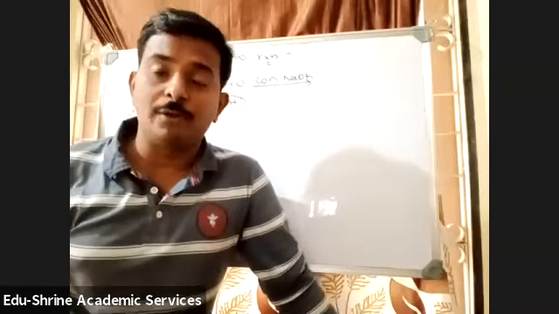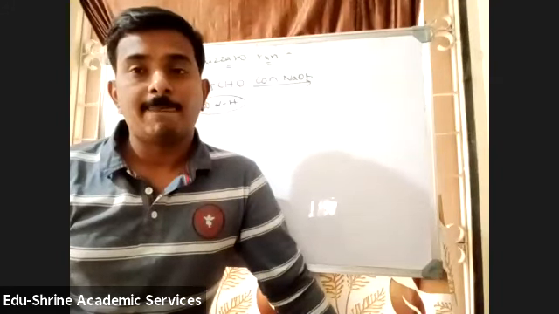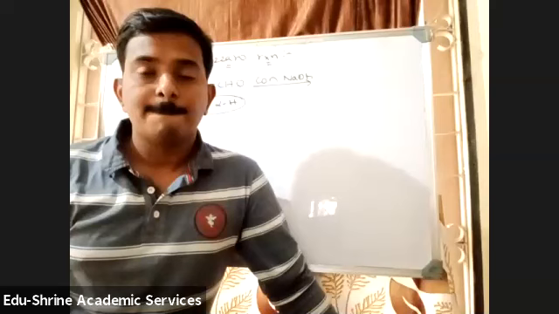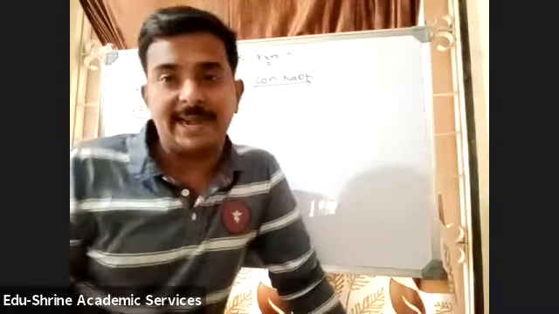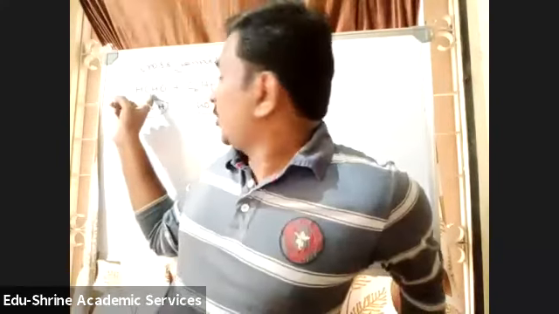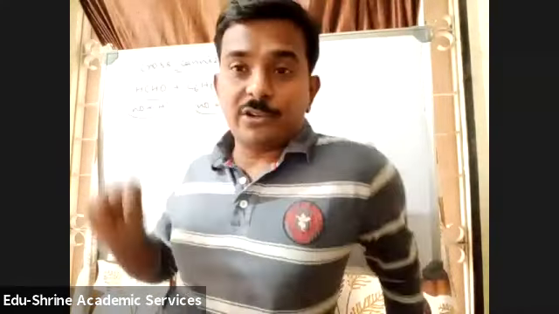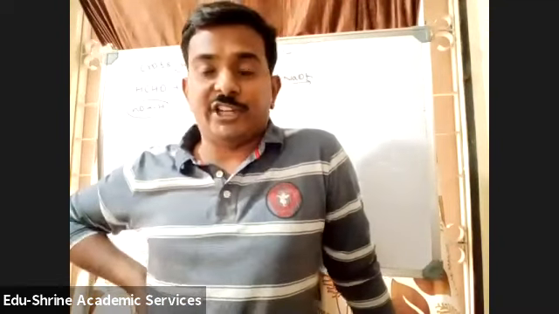Nucleophilic addition or nucleophilic substitution? Nucleophilic addition, because OH is getting added. The first step is a nucleophilic addition. Now, one is formaldehyde, one is benzaldehyde, students. Which do you think will be more reactive towards nucleophilic addition?